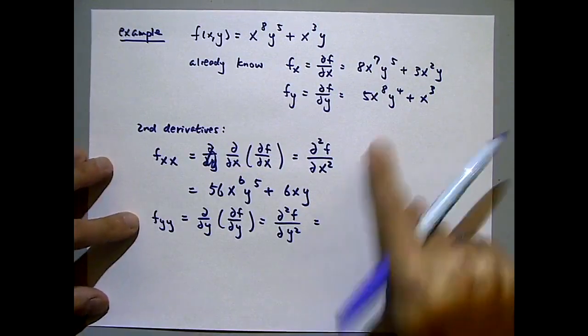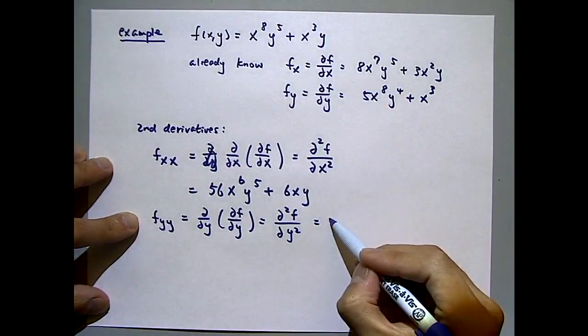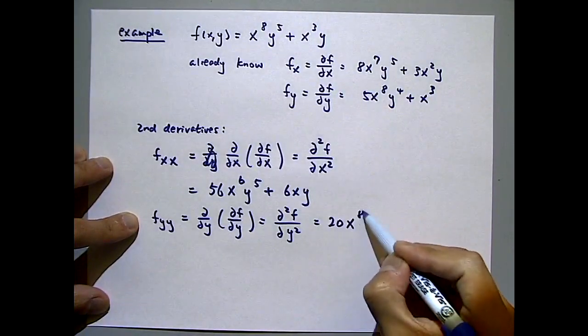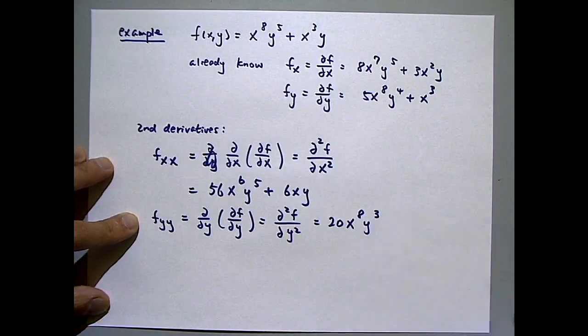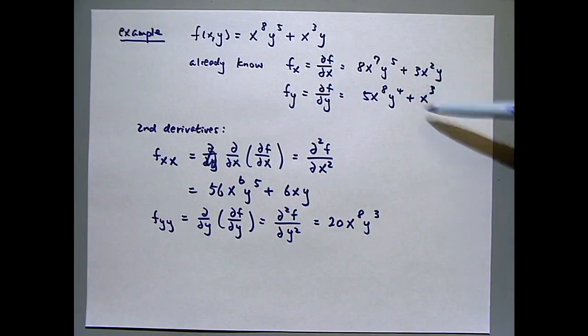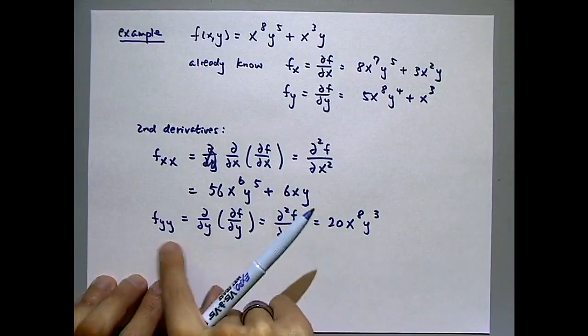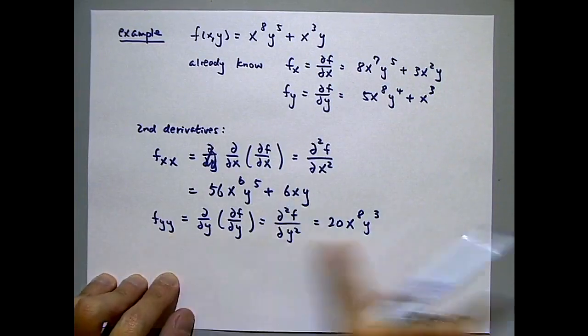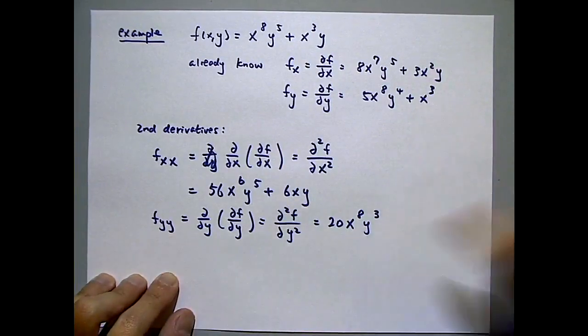So this is pretty easy. 20x to the 8th, y to the 3rd. What about x cubed? What do we get out of it? Right, there's no y here, right? This thing is a constant as far as that step is concerned. So this here grants us a 0.